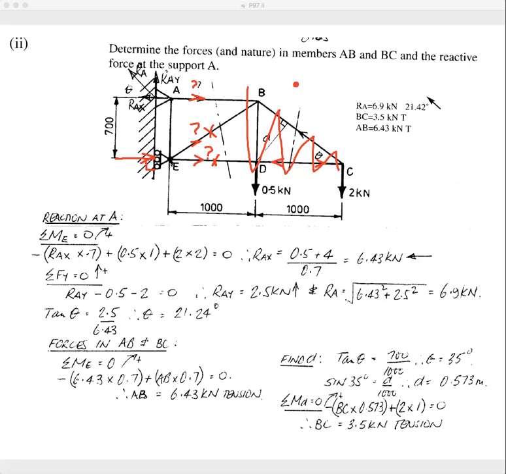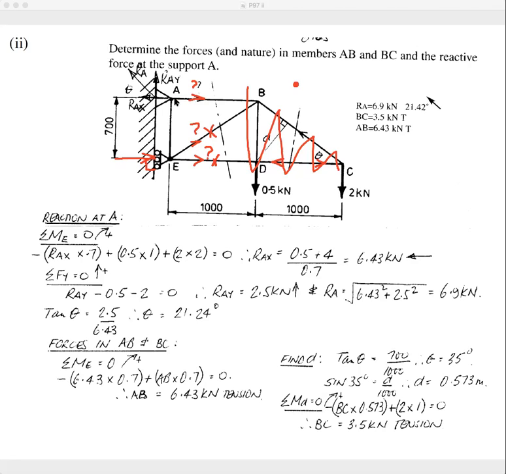So you take moments about that point there, because the moment of that force about that point is 0, the moment of that force about that point is 0, and that force goes straight through that point, so its moment about that point is 0. So all we've got to worry about is that force there, right?